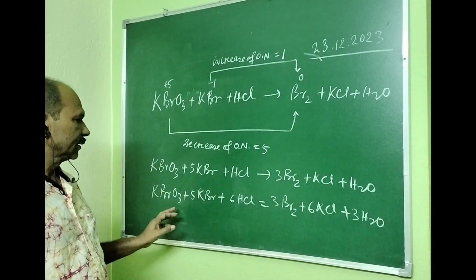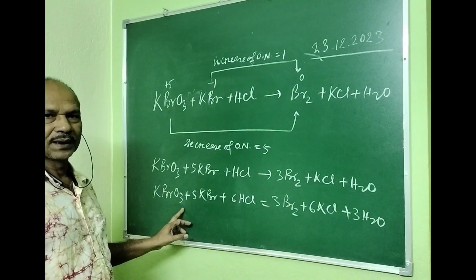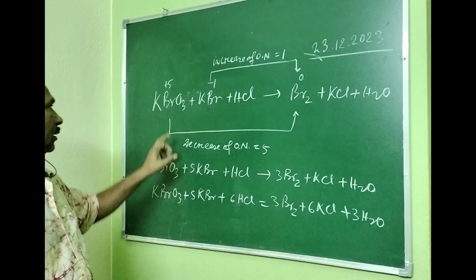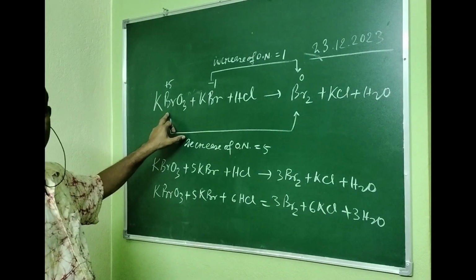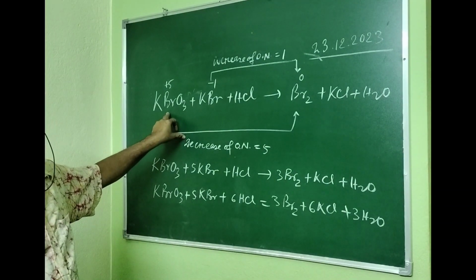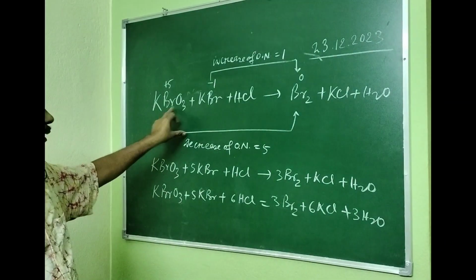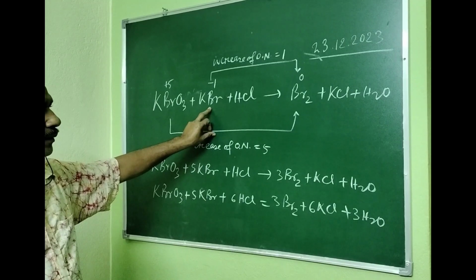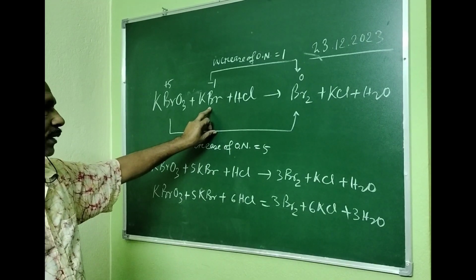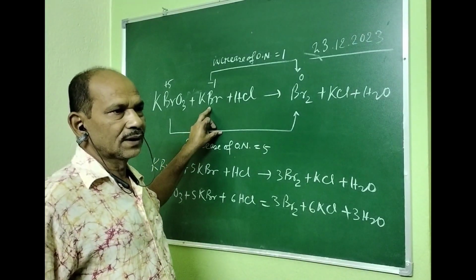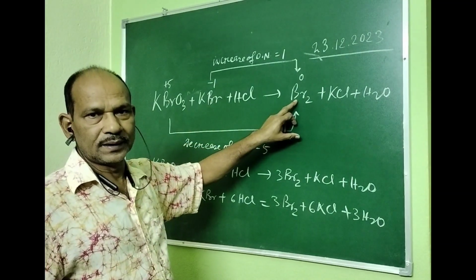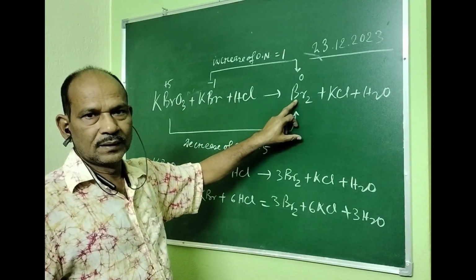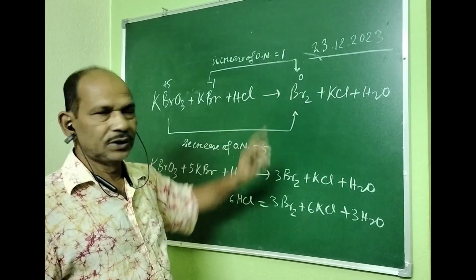So this type of reaction is called comproportionation reaction. You see here, on the reactant side, bromine atoms in potassium bromate and in potassium bromide are in different oxidation states. Both are simultaneously reduced and oxidized to bromine, the same oxidation state of 0.